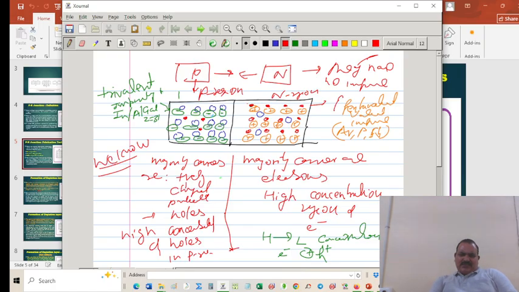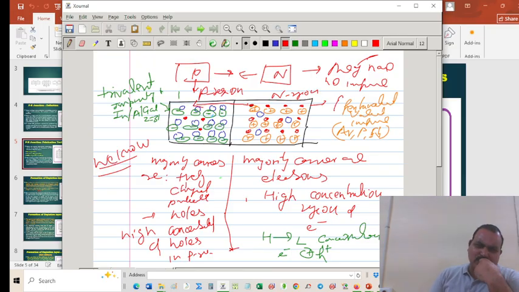This is the ideal vision of how we can think for a PN junction diode. Now there is movement of charge carriers. The high concentration electrons start moving to the low concentration region.